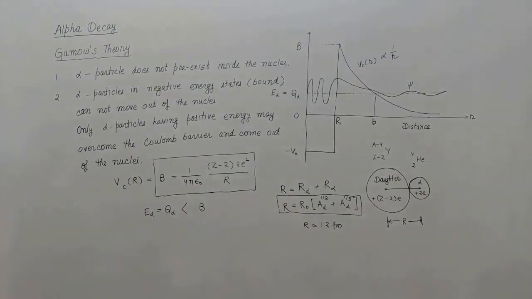Classically it is not possible. Classically, if the energy of the particle is less than the barrier height, it cannot cross that particular barrier. But at this point, quantum mechanics came as a savior. According to quantum mechanics, it is possible.